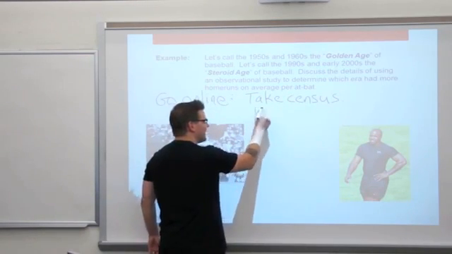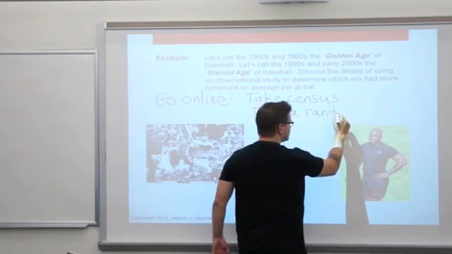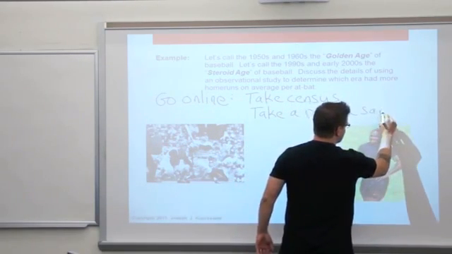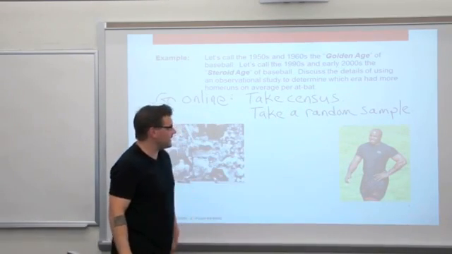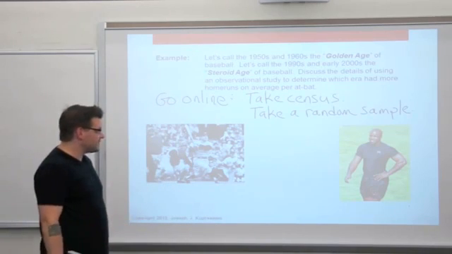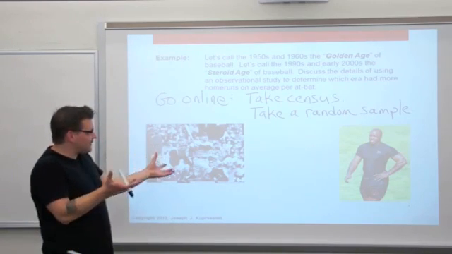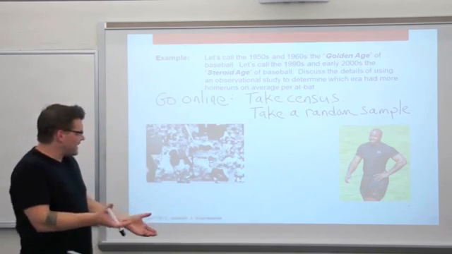We could take a random sample as well. Take a sample of players from the 90s and early 2000s. Take a sample of players back from the golden age. Once we have our two samples, we would need to summarize that data. We know a little bit about that at this point.